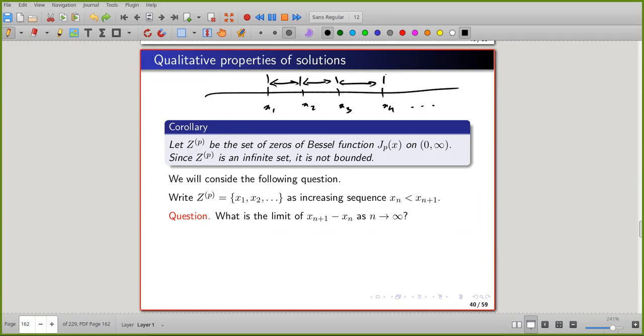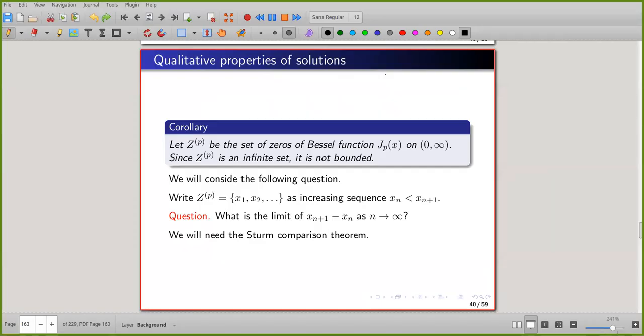A priori, when we look at the series, it's far from clear whether it has zeros, whether it has infinitely many zeros, etc. So already we have proved two fantastic theorems: that the Bessel functions have infinitely many zeros in the interval 0 to infinity, and that any bounded interval has only finitely many zeros. Now we are going to address an even more difficult question. Can we say something about the difference of the successive zeros?